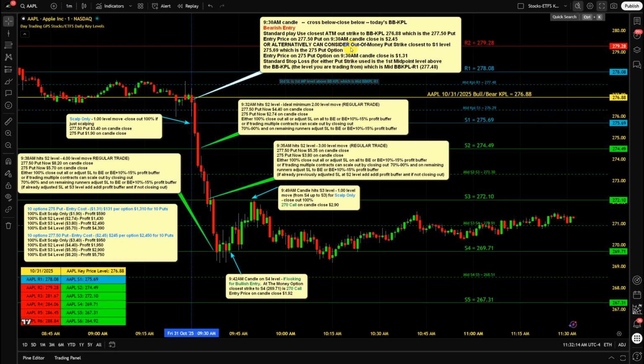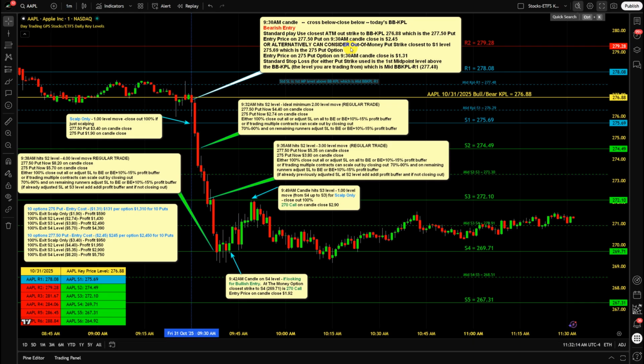Now what about out of the money strikes? Well, there's a limit to what out of the money strikes that you can look at. Some of that is going to depend on the type of stock that it is, how close the strikes are together, and some other factors.